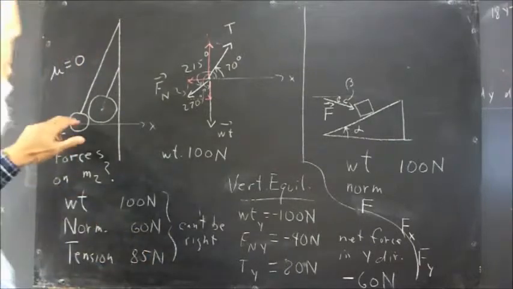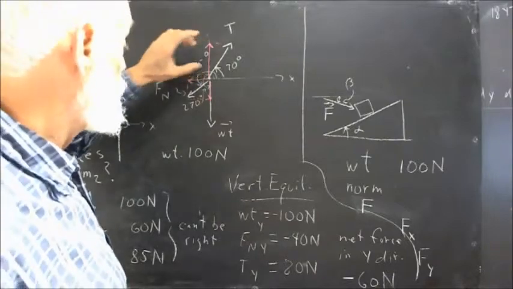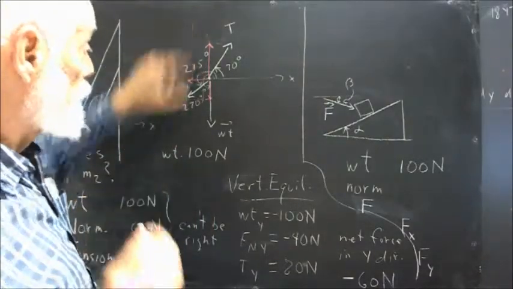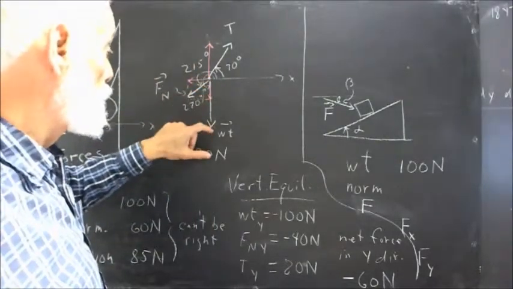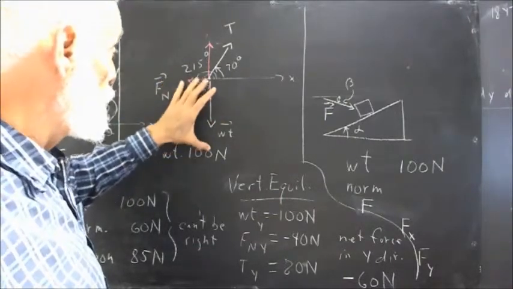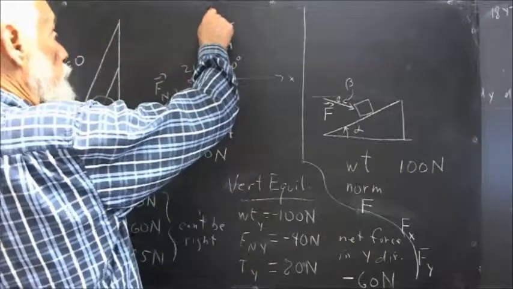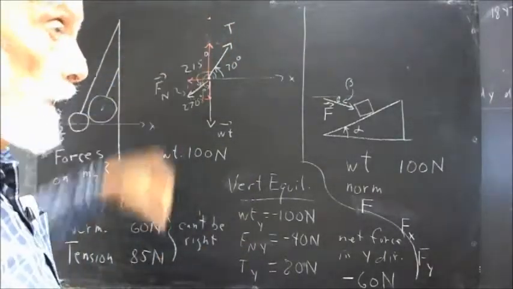Since this is an equilibrium situation, that can't be. Tension has to be big enough to balance these components down here. So the tension vector, adding this to this, we get a vector about this long. The tension vector is going to have to be way out to here. Okay, the tension vector would have to be much bigger.